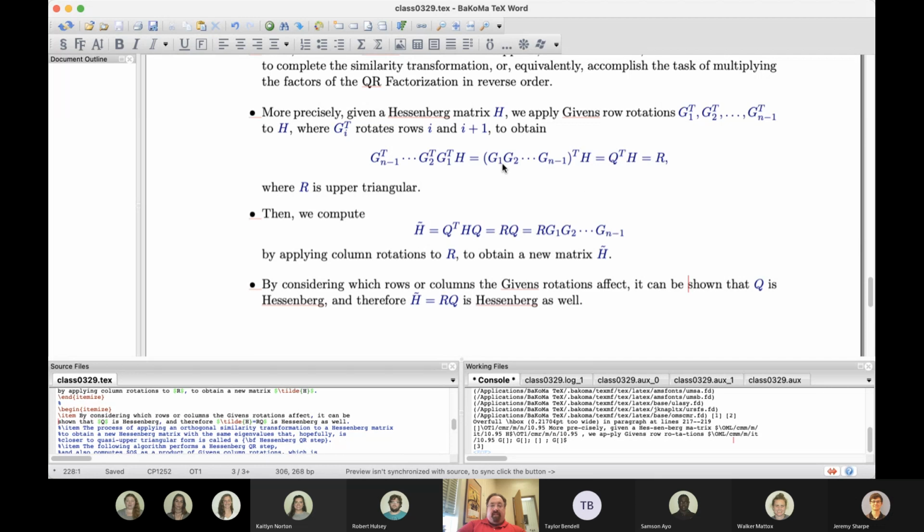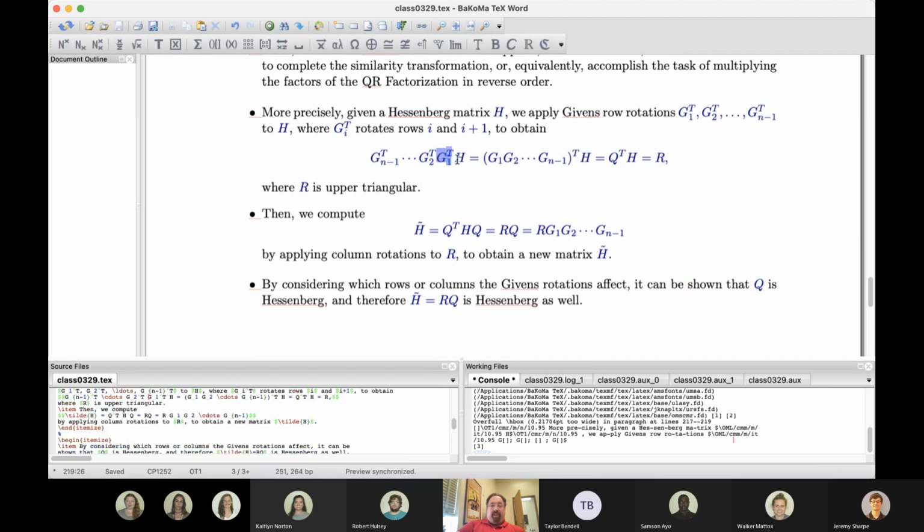So, for example, the first Givens rotation that I apply to H will affect rows 1 and 2. So then when I apply it here, it's going to affect columns 1 and 2. Well, if R is upper triangular, the first column has only one non-zero entry. The second column has 2. So if I rotate them, the first column will have at most 2 non-zero entries, which is what a Hessenberg matrix has.